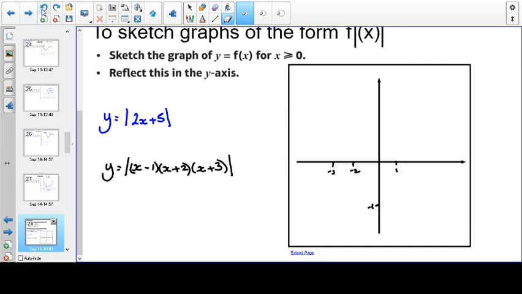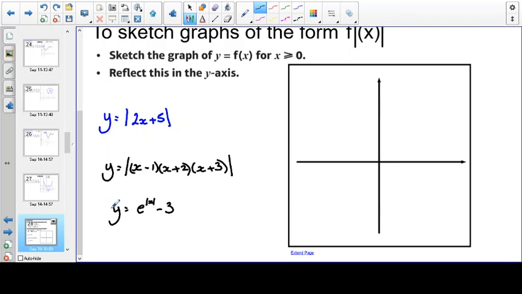Just do another one. Let's do y equals e to the mod x minus 3. This will be a nice one.